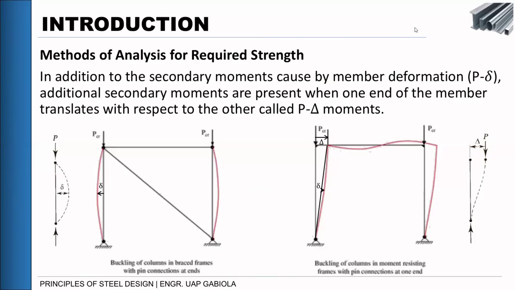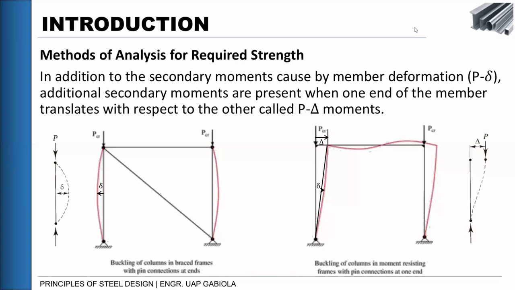So for braced frame, meron tayong P small delta lang. Pero once we are talking about unbraced frame, we are considering both P small delta because of this particular deformation from the original, and then yung curvature natin, and then additional moment natin or movement caused by the change in position of the other end of our member, which is the P big delta effect.